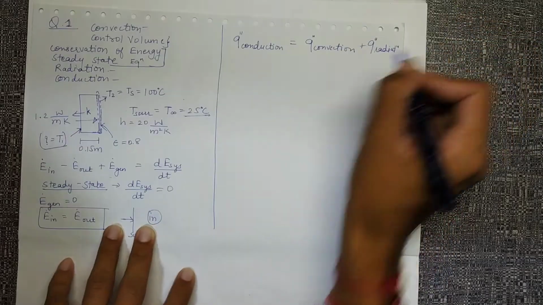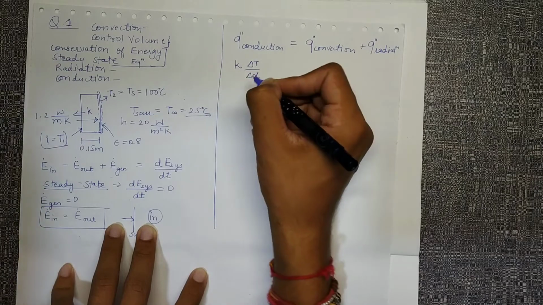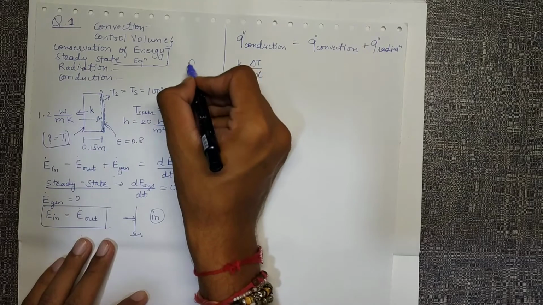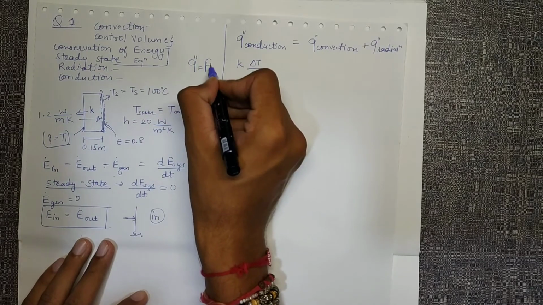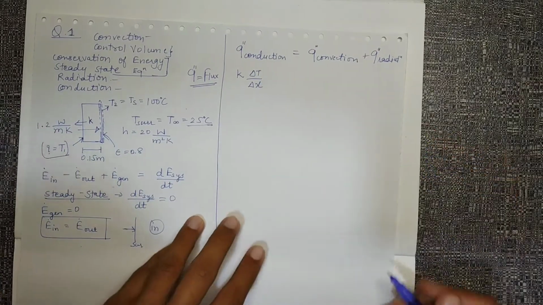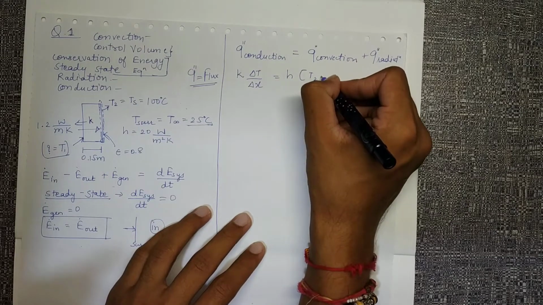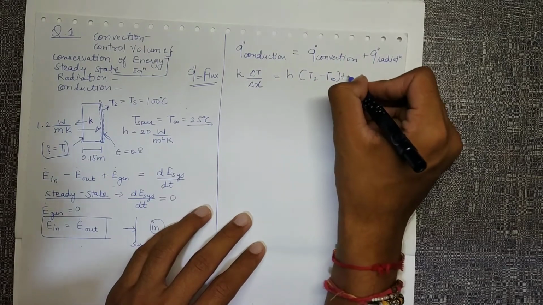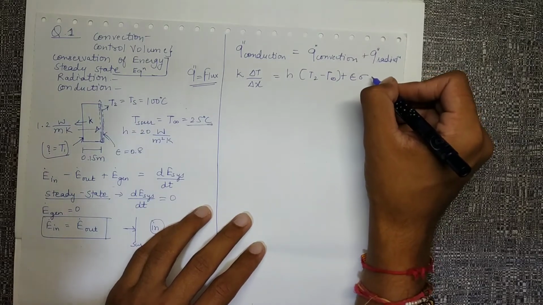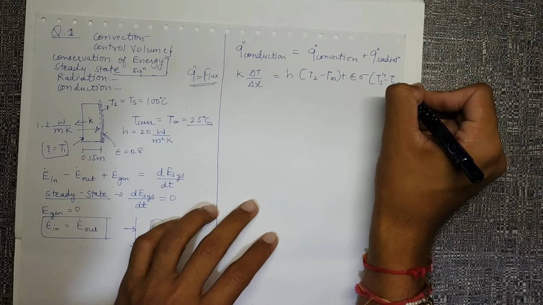The conduction formula will be K times change in temperature with change in distance. This is the symbol for flux, so Q double dash is flux. Because the area will be the same, we will directly start with flux. Convection involves H times T2 minus T infinity, and radiation involves epsilon, emissivity, sigma, T surface raised to 4 minus T surrounding raised to 4.